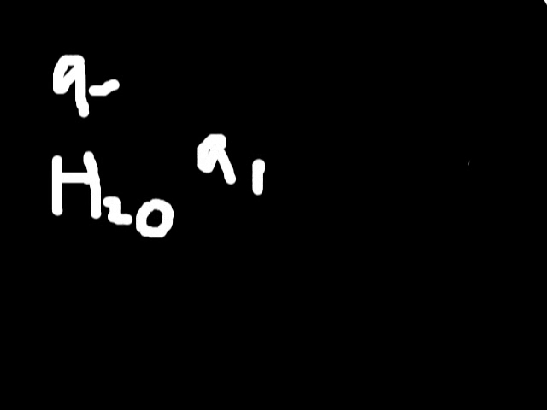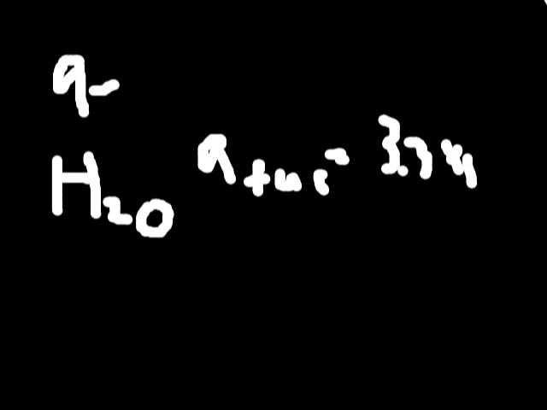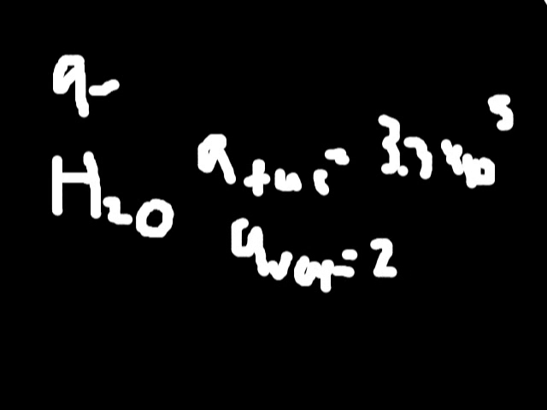For H2O, the Q of fusion was 3.3 times 10 to the 5th. And for Q of vaporization? Instead this is now 2.3 times 10 to the 6th, which is greater.